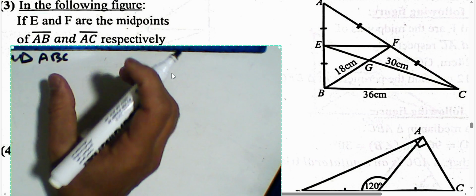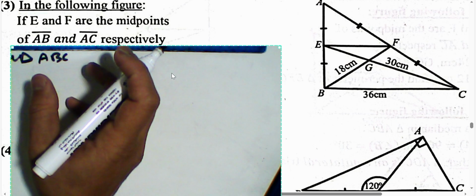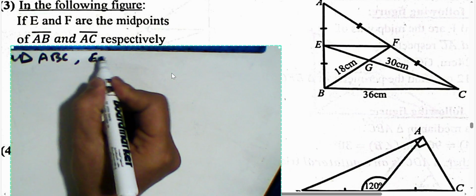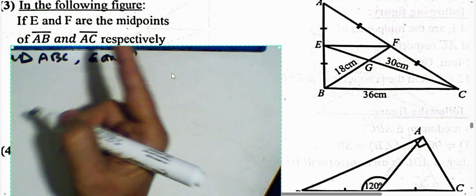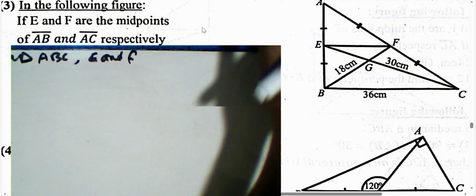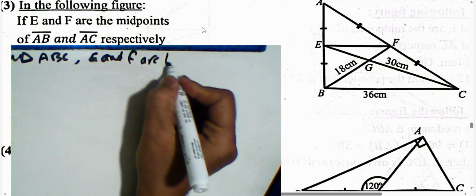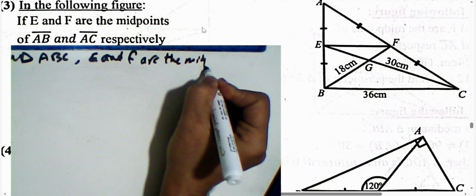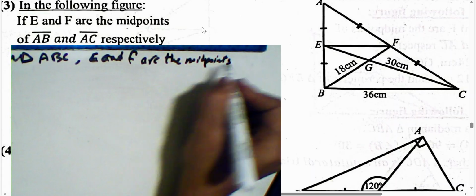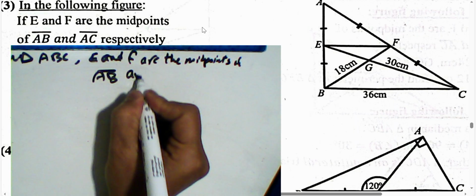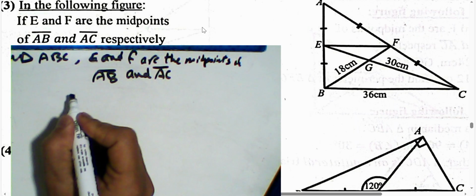When you write the proof, you must start with the name of the triangle first and then write the properties that give us information. We have E and F. From this information, you know E and F are the midpoints of AB and AC.